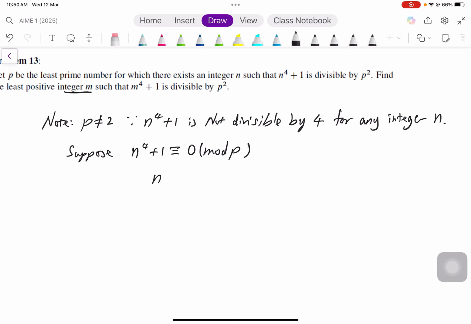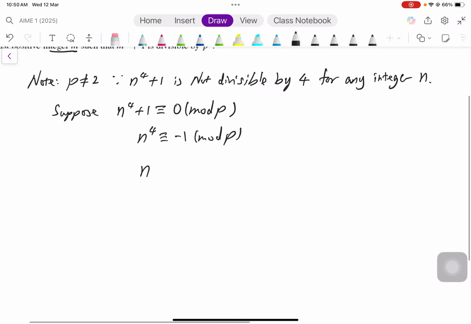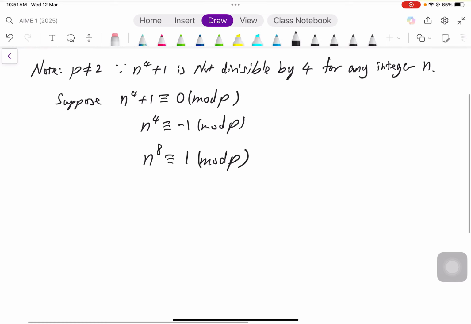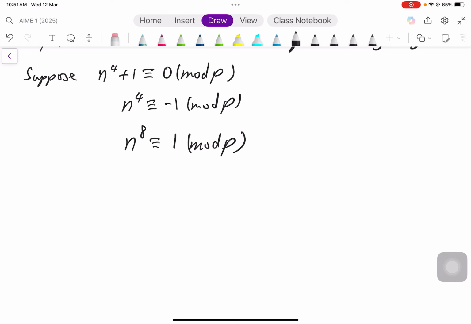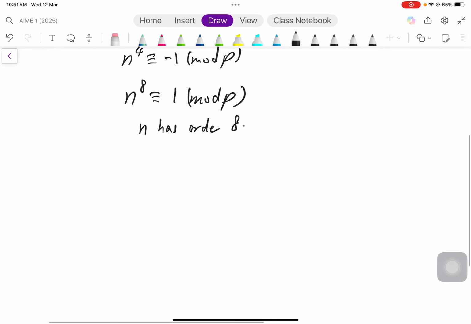This implies that n to the power of 4 is congruent to negative 1 modulo p. Therefore, squaring both sides, n to the power of 8 is congruent to 1 modulo p. That means n has order 8.